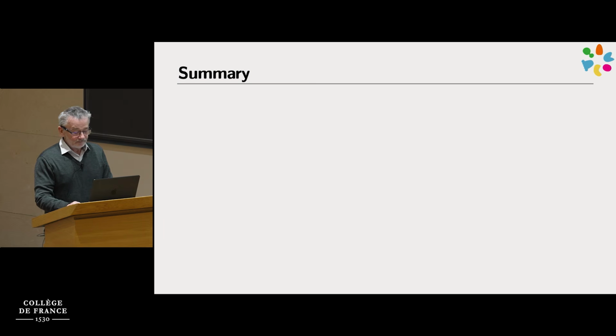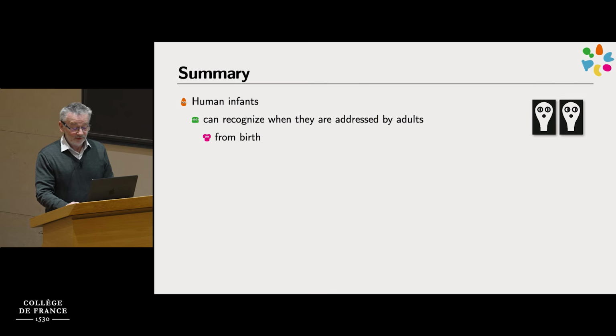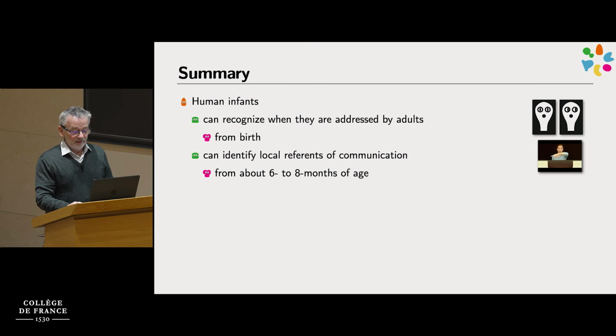So in sum, I argued here that human infants can recognize when they are addressed by adults, and it's from birth. They can identify local reference of communication from about 6 to 8 months of age. They can interpret symbolic depictions presented to them from at least 12 months of age, probably earlier.